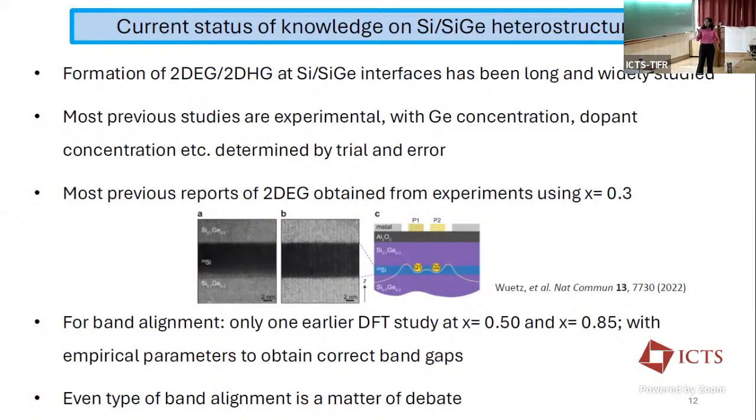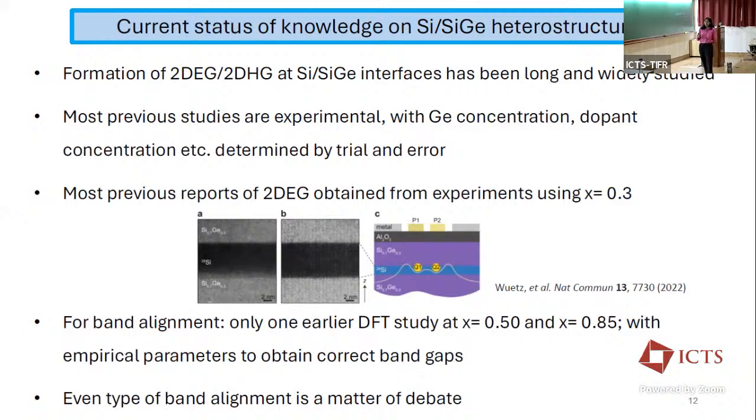For example, if you look at this particular paper, and many similar papers showing a qubit device, it uses 30% germanium, or x equal to 0.3 if I have an SiGe alloy, Si1-x Gex. So mostly they use 30%.